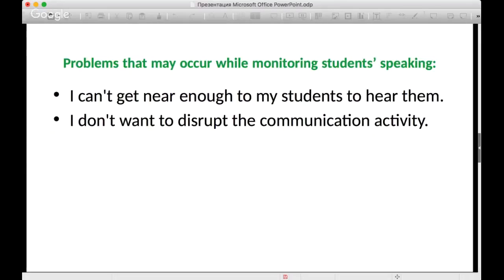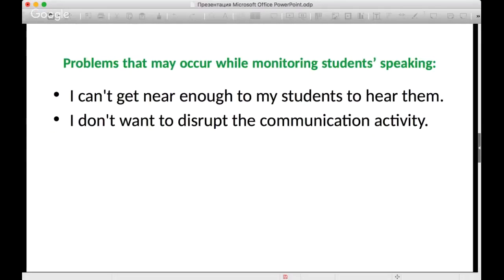And also, if you look at problem number two, I really want to emphasize that it's important not to come too close to your students and not to make them feel uncomfortable or worried, because when students see that the teacher is listening to them and is making notes of what they are talking about, they can understand that they are making some mistakes, and then they can stop speaking, or they can be afraid of speaking at all.